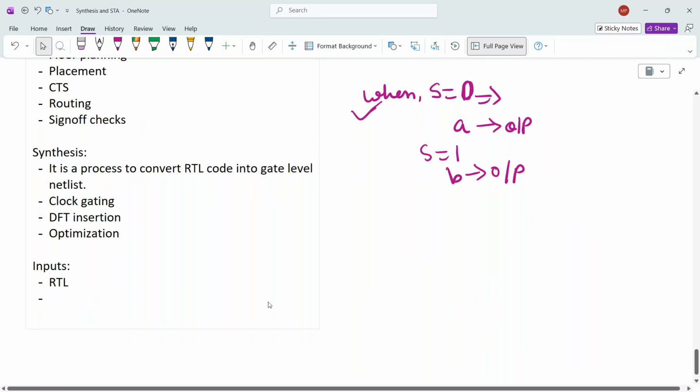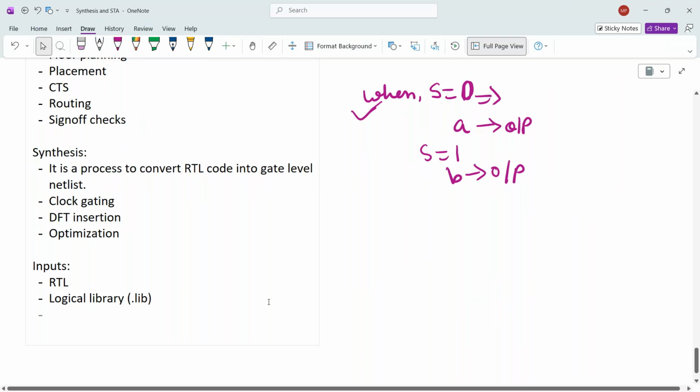RTL code, the RTL is required. Then logical library is required. When I talk about logical library, I mean to say .lib, correct?